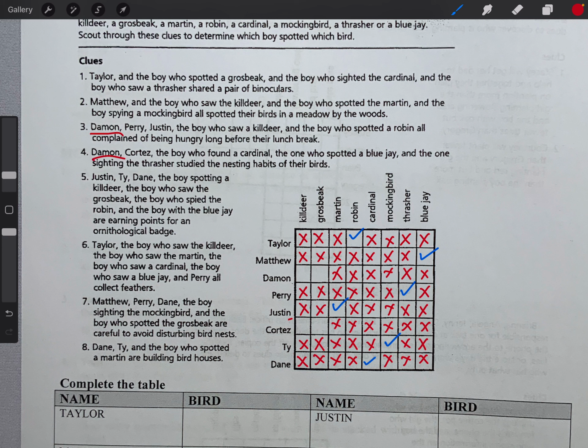I must have missed something. Damon, Perry, Damon and Cortez. Blue jay, thrasher, robin, killdeer. Oh, Damon can't be the one that saw the killdeer. What? That means this is the case here. Done.